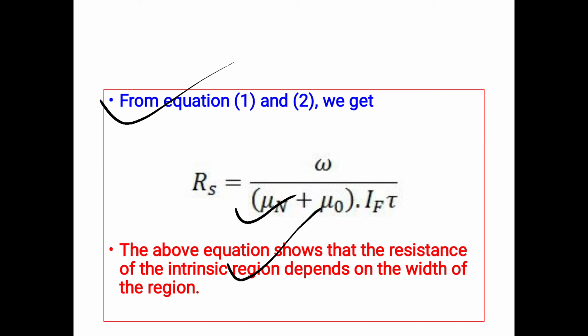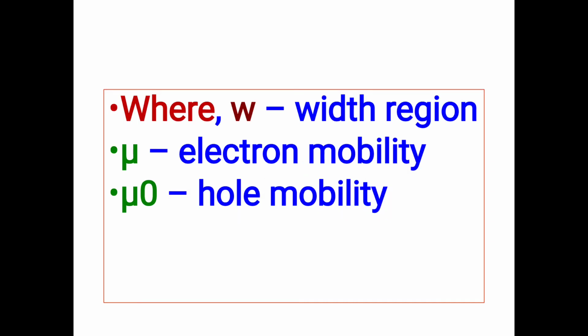So as the width is varying, the resistance is also going to vary. So it will behave as a variable resistor, where W is the width of the depletion region, mu_n is the electron mobility, and mu_p is the hole mobility.